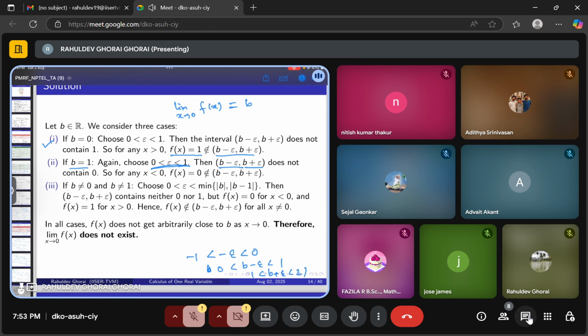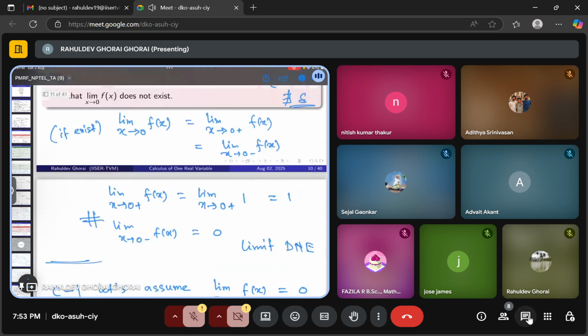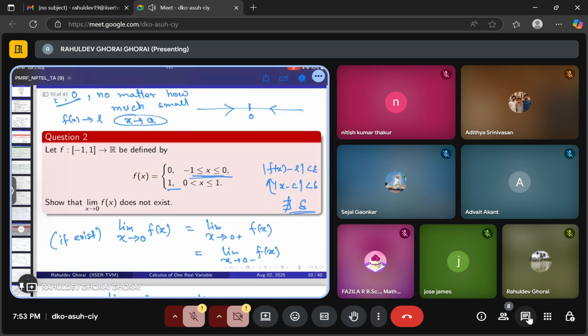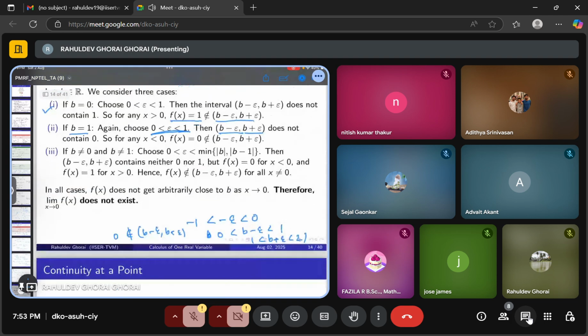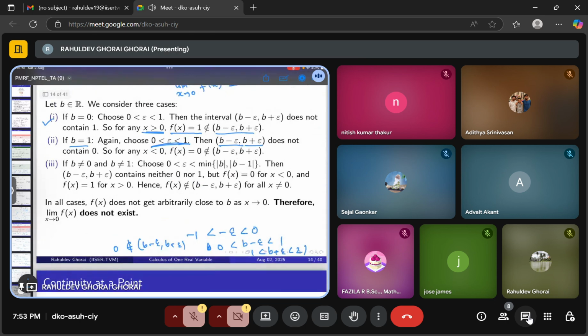So b minus epsilon is strictly greater than 0. That implies 0 does not belong to (b minus epsilon, b plus epsilon). And f(x) takes the value 0 when x is less than or equal to 0. Here earlier it was x greater than 0; in this case it will be x less than 0, where f(x) equals 0.